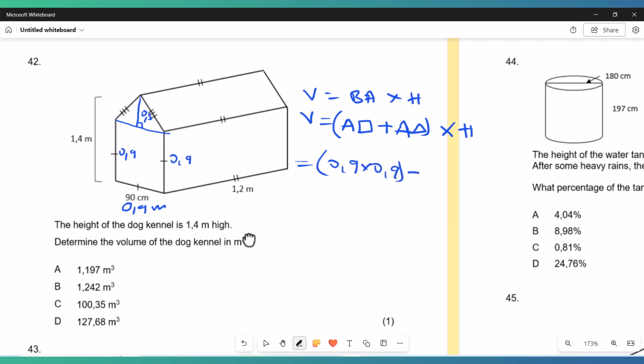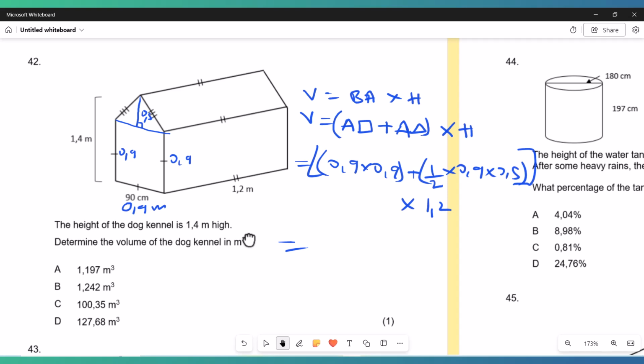Then plus the area for the triangle, which is a half times base. Now my base here is also 0.9. What about the height there? It is 0.5. Now after getting these two answers, I'll multiply by the 1.2. So let's find out here.